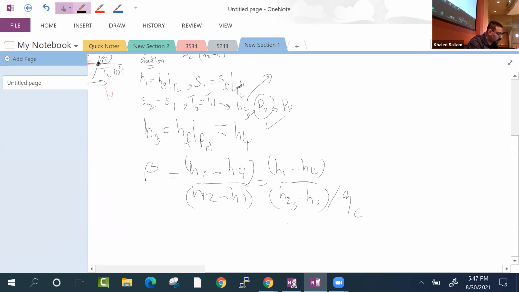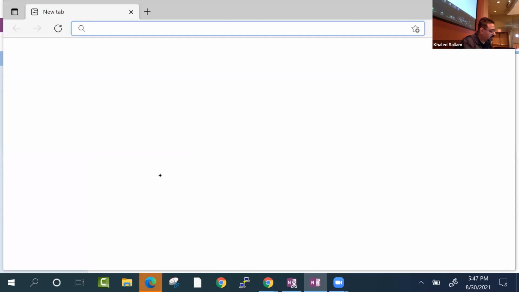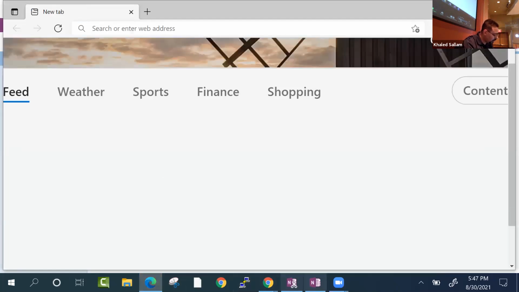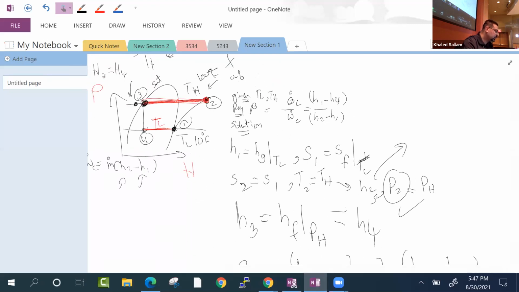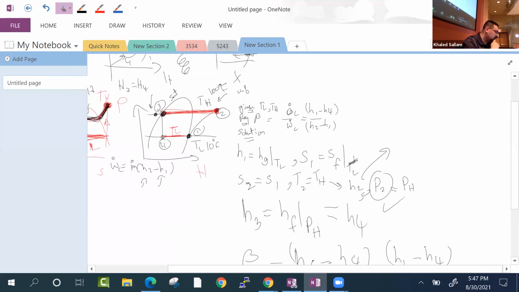So you calculate H2s, and then when it comes to H2, it's going to be given by eta compressor, isentropic compressor efficiency. Okay, so the solve of this problem is that PH diagram and how you can get the H's on those four states, just like what we did with the Rankine cycle.